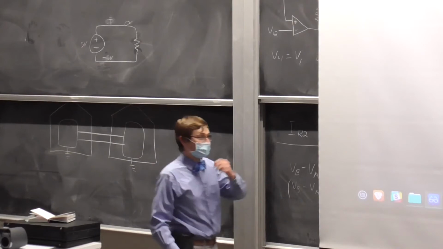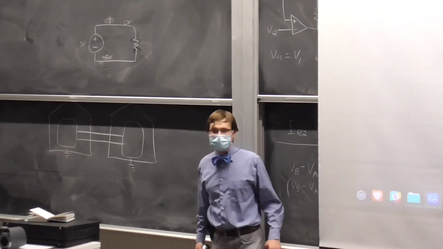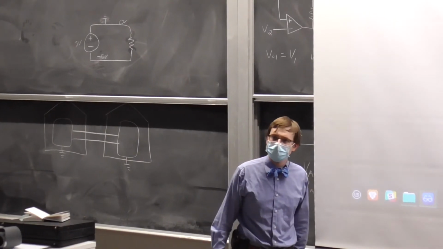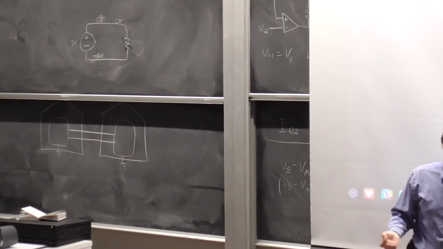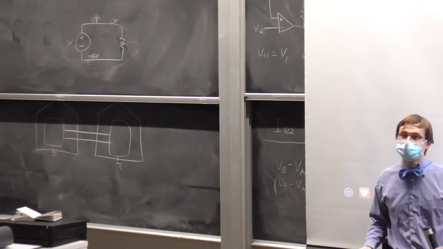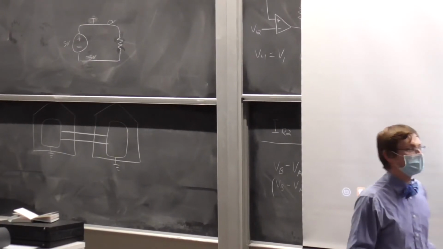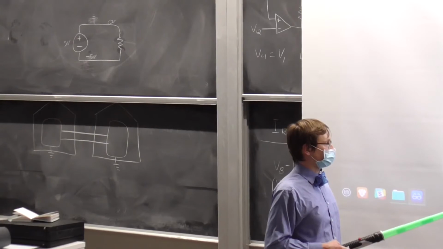Now it turns out that you can actually have frequencies and signals pass through ground. So this is what's called ground loop interference or ground loop noise.